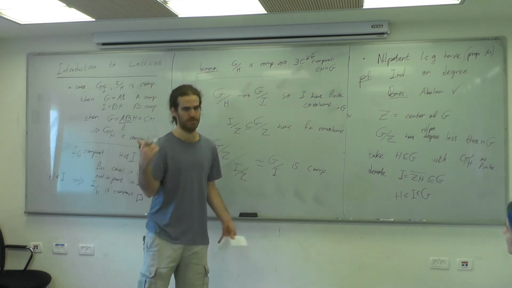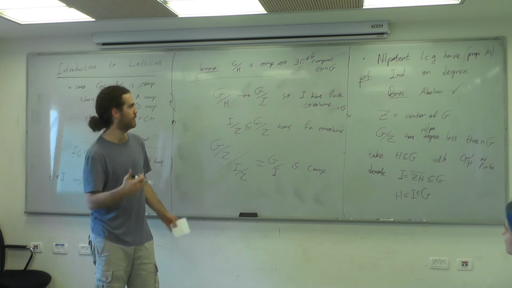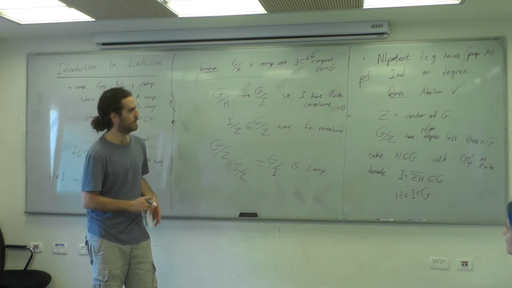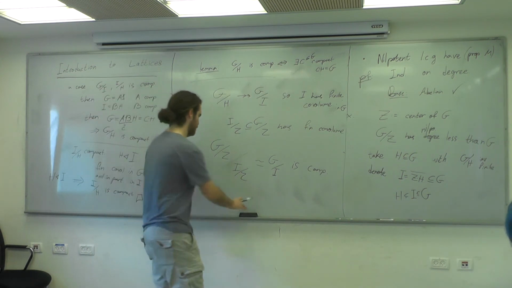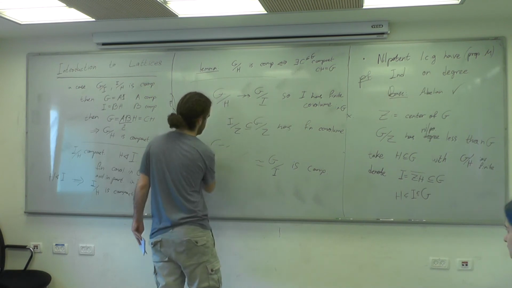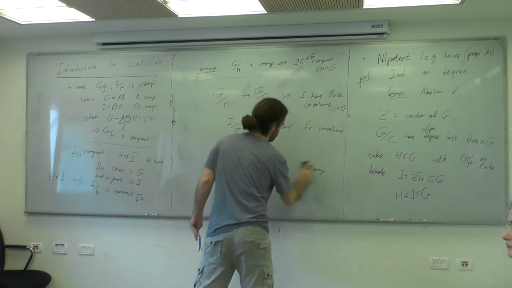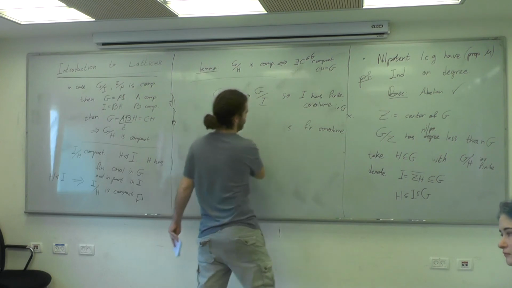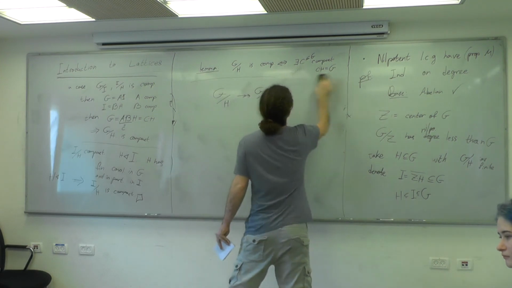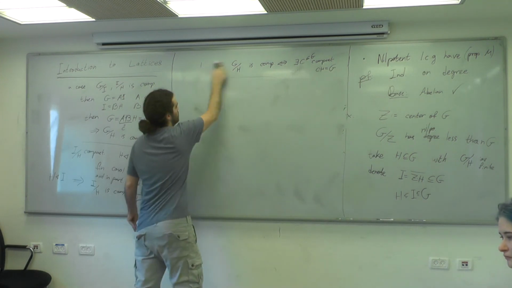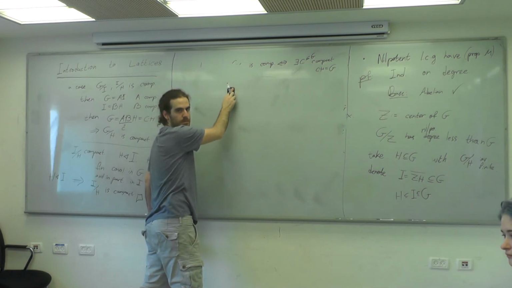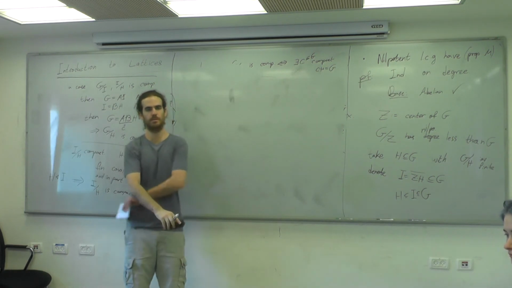And let's remember where we came from. We wanted to talk about lattices, and a corollary that I want to write is that in important groups, lattices. Why only central extensions?